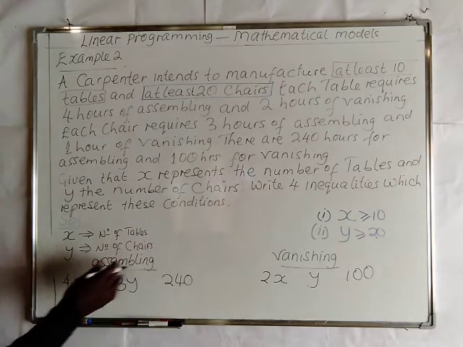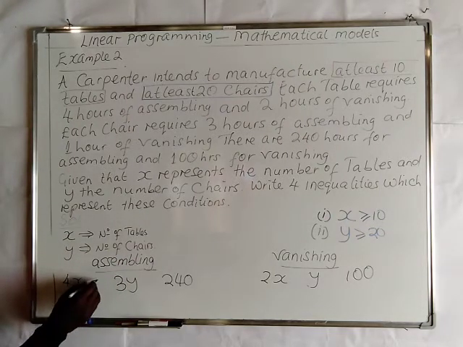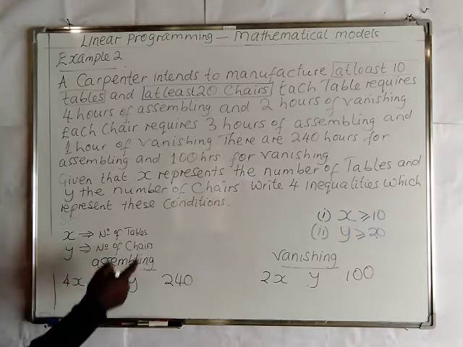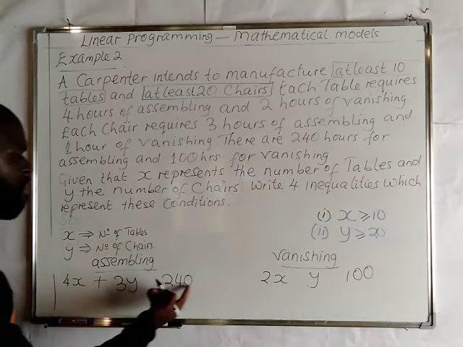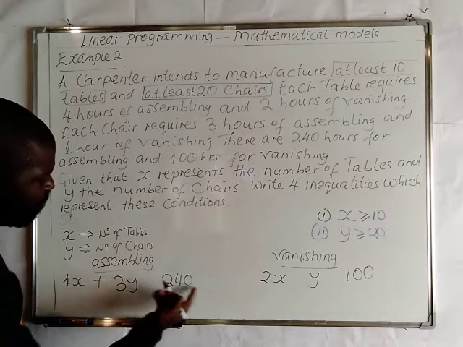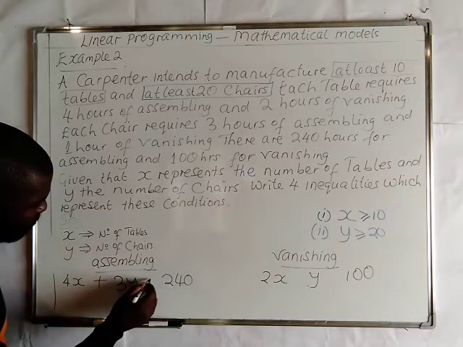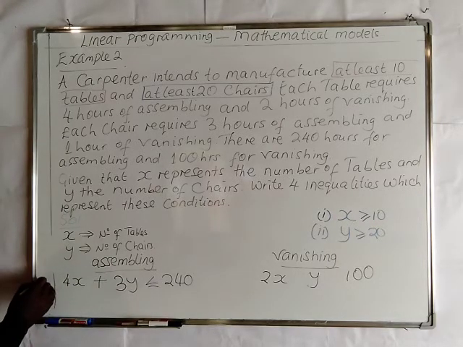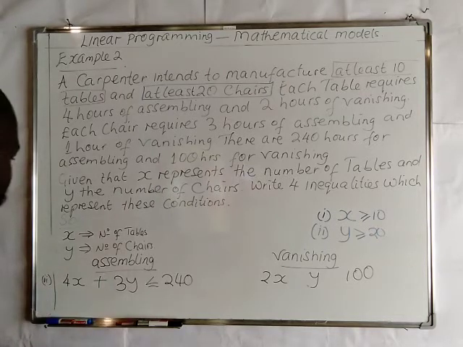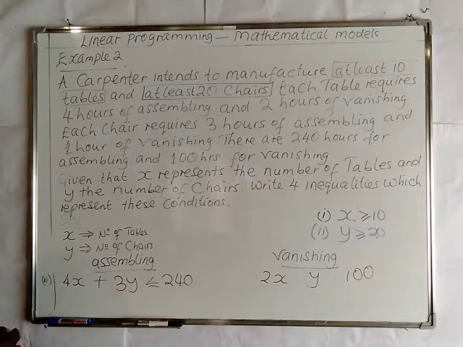So for assembling the tables plus assembling the chairs, the number of hours available is 240. This is the maximum, the utmost here. Maximum, utmost, means less than or equal to. So this is our third inequality.